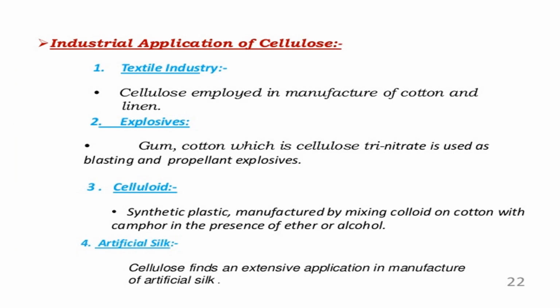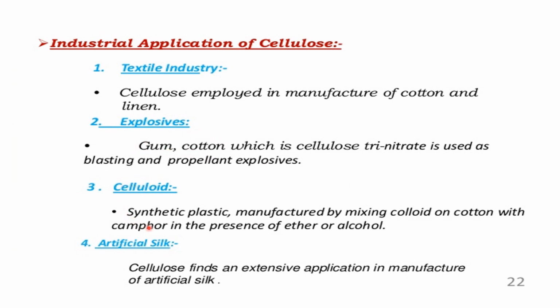So again, these are the applications of cellulose. Cellulose is used in the manufacture of cotton and linen materials, which are used as dress materials. Then cellulose trinitrate is an effective explosive called gun cotton.